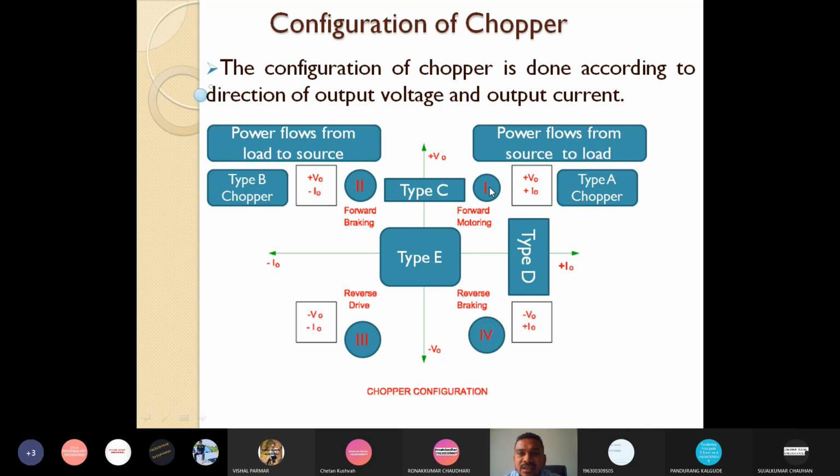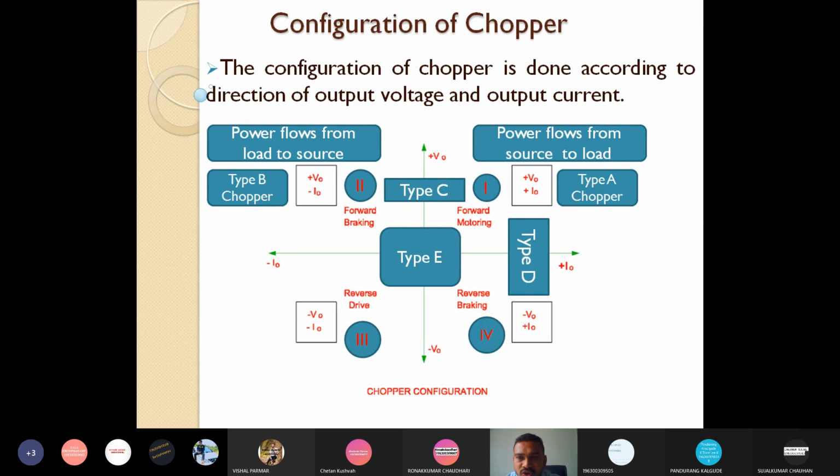The first quadrant chopper is also known as the type A chopper. So we can say the type A chopper is the first quadrant chopper. Why is it known as the first quadrant chopper?